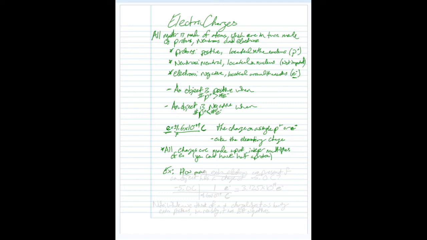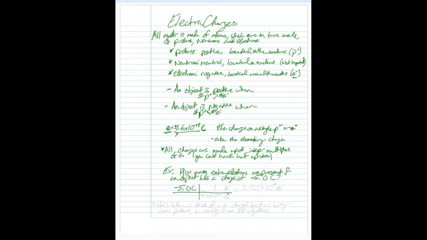How many extra electrons are present if an object has a charge of negative 5.0 coulombs? So I'm going to start with the value I know, negative 5.0 coulombs.